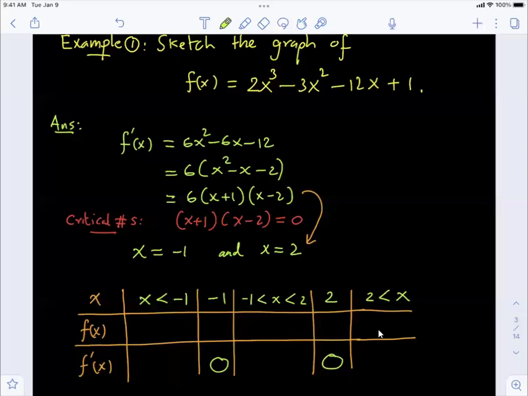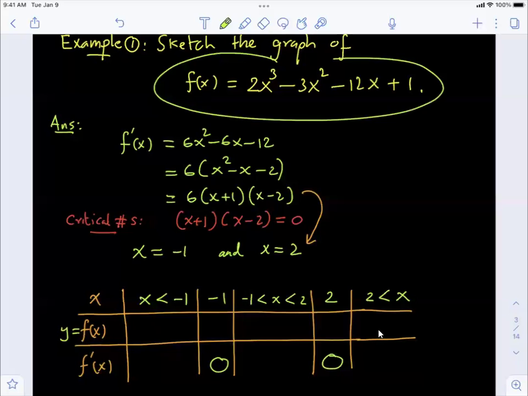How can we do that? Now, to do that, first of all, I will do this. When x equals -1, what is the value of f of x? What is the y coordinate, in other words? This is the y value of the graph. So if I'm trying to place a point on the graph, I need an x coordinate and a y coordinate. So this will give us the y coordinate. To compute that, you need to bring this value to the original function and plug it in.